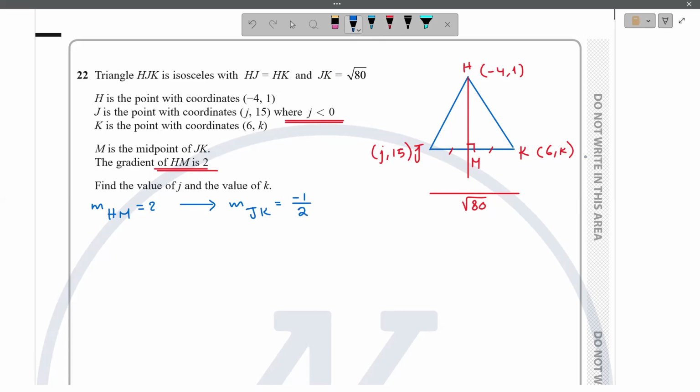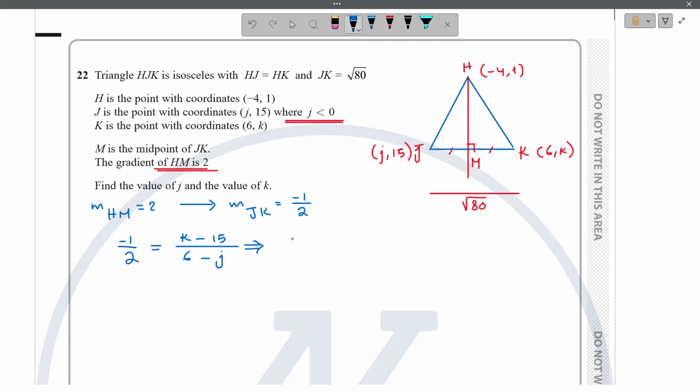And we have the coordinates of J and K. We have 2 variables, so we need two equations here. The first equation will be related to the gradient, and the second equation related to the distance. So for the first equation, -1/2, the gradient of JK, will be equal to y2 minus y1, k minus 15, over x2 minus x1, 6 minus j.